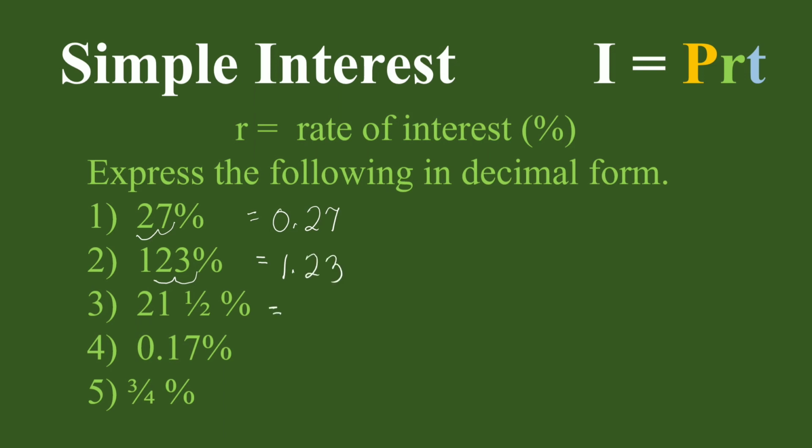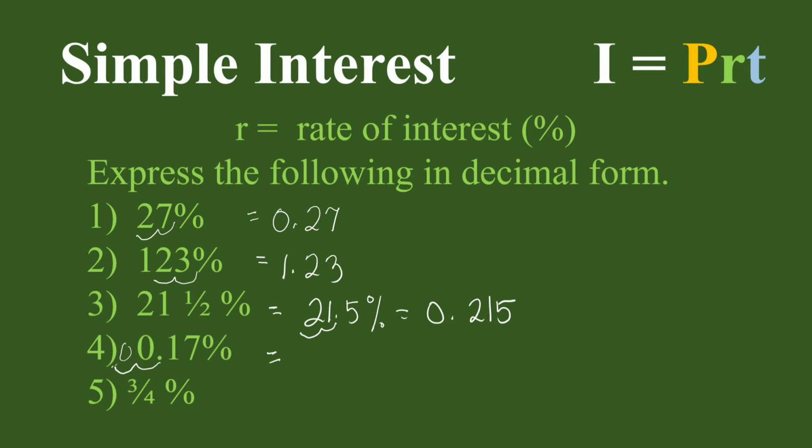How about 21.5%? So 21.5%, when you convert it into its decimal form, that is 0.215. Alright? 0.17%. So, 2 decimal places to the left or divided by 100, it's just the same.